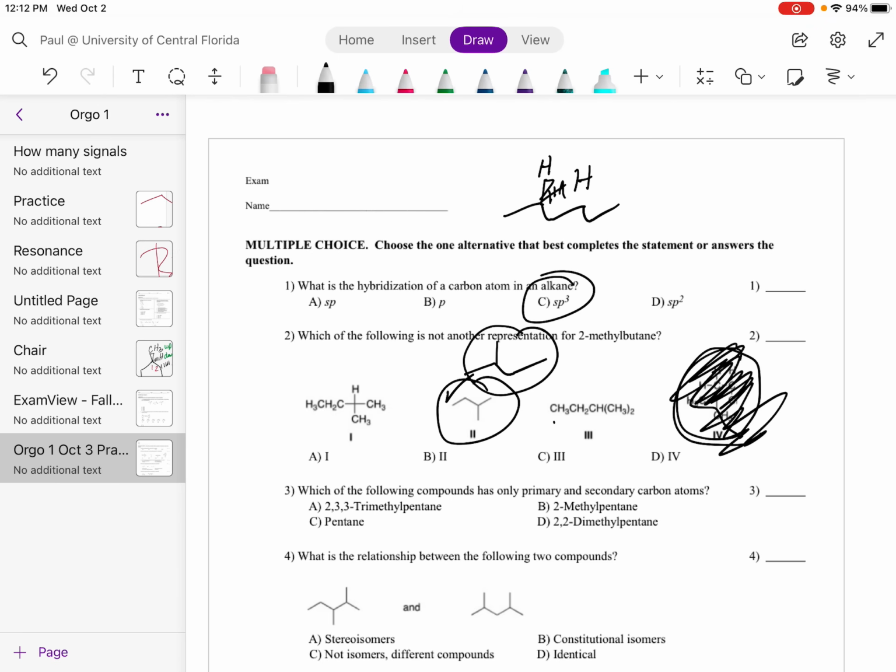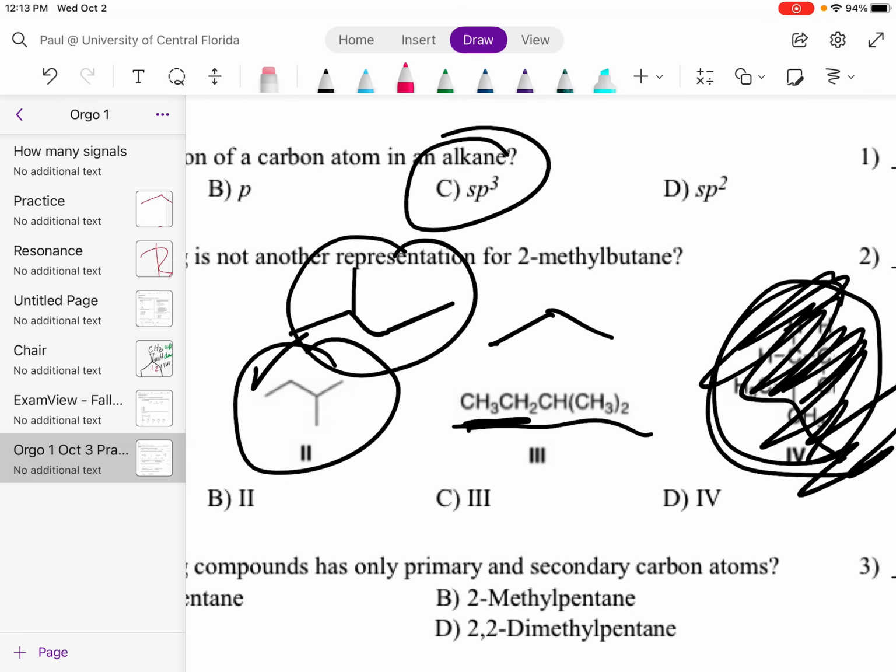If we look at this condensed formula right here and we draw it all out, we see we have those 2 carbons right there, so 1, 2. Then it's attached to a carbon, and at that position we have, let's see here. So if we number the carbons, let's do that this way, shall we?